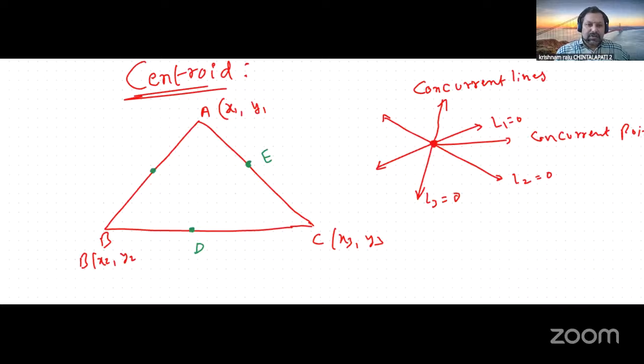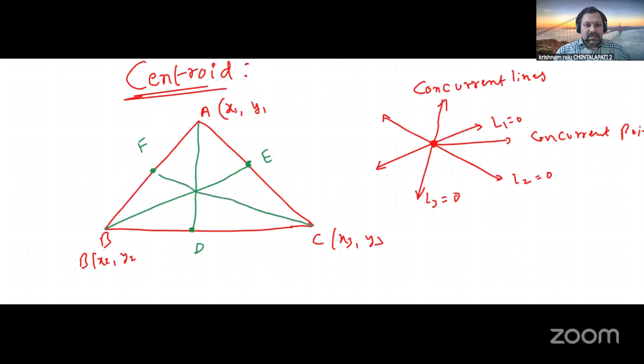Now the line joining vertex A to the midpoint of the opposite side, like this, and similarly from vertex B to the opposite midpoint of AC, which is E. Similarly, the line joining vertex C to the opposite midpoint of the side AB.